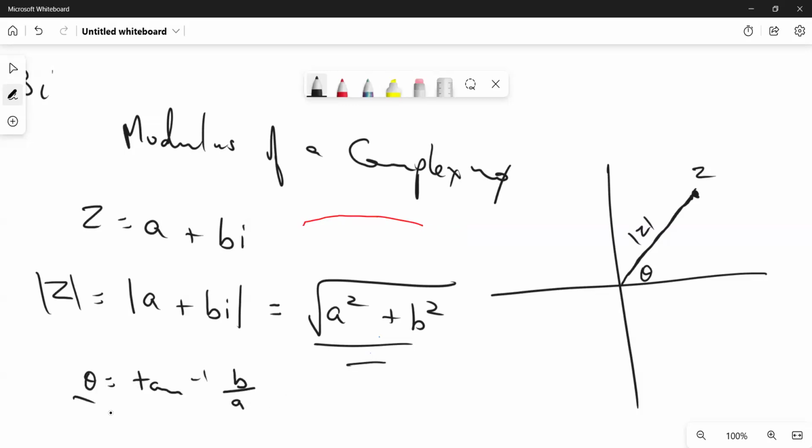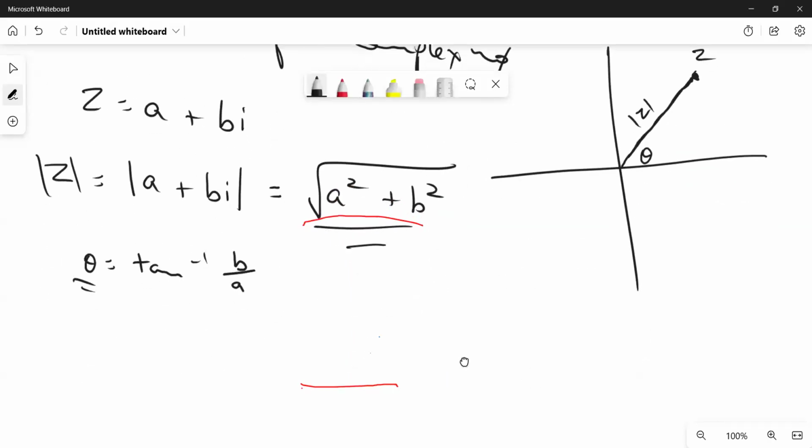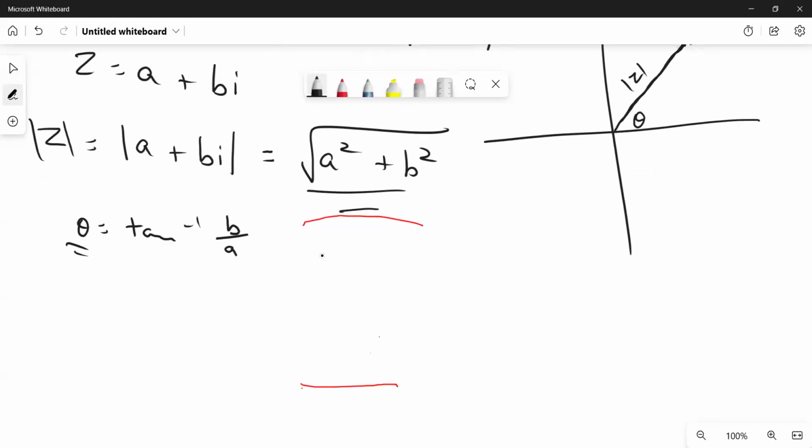And they give it a name. This angle is called the argument. They give this angle a name, and they say the argument of z is equal to tan inverse of b over a.